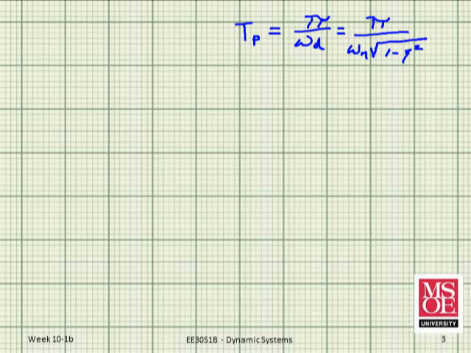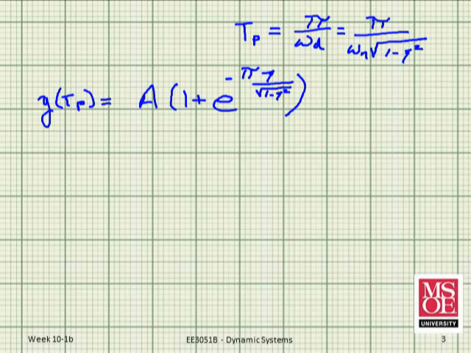If we plug that value of t into our equation of y, at t sub p, we obtain the peak value, and that is equal to A times 1 plus e to the minus pi zeta over the square root of 1 minus zeta squared.